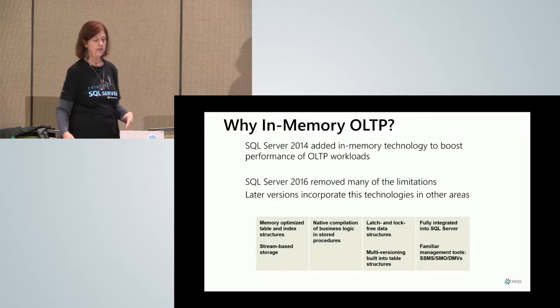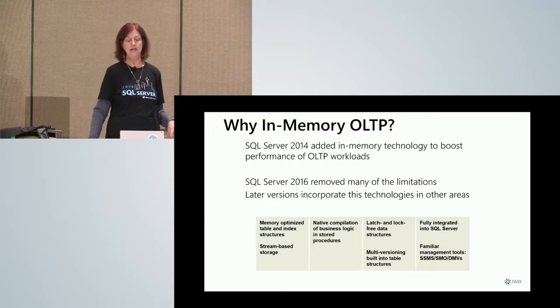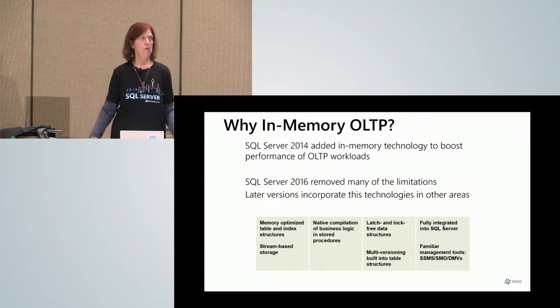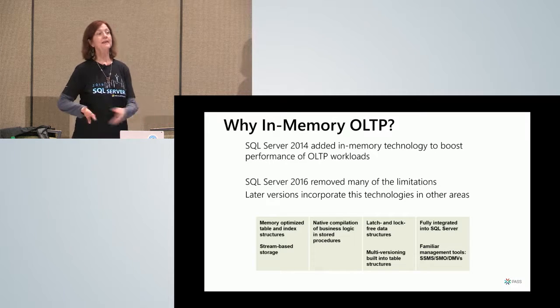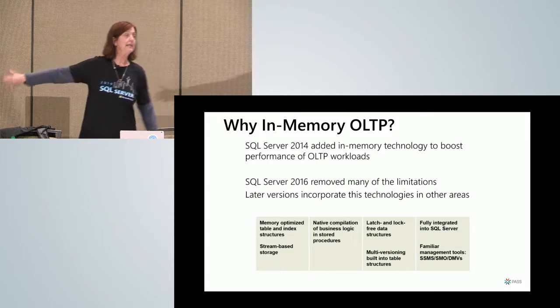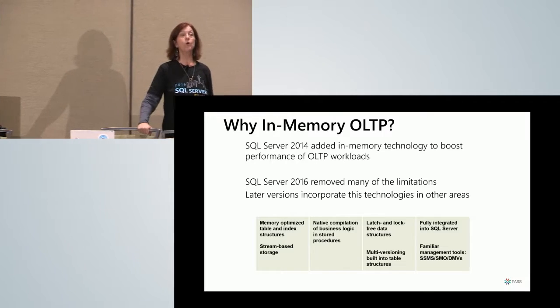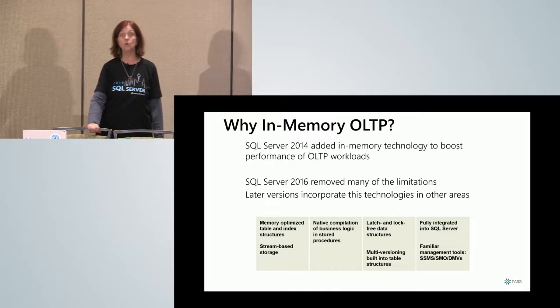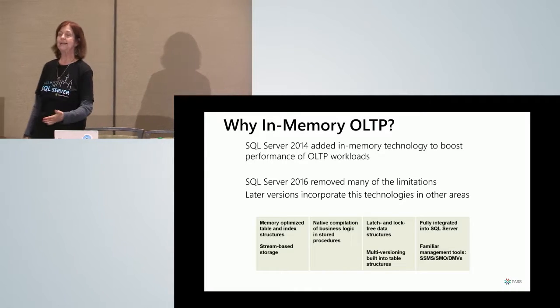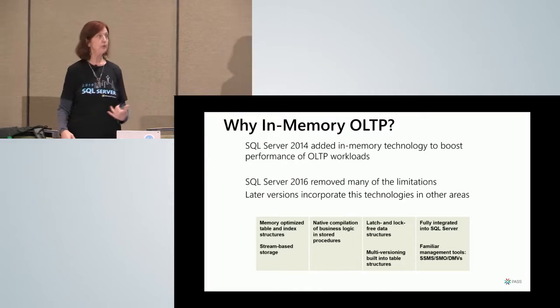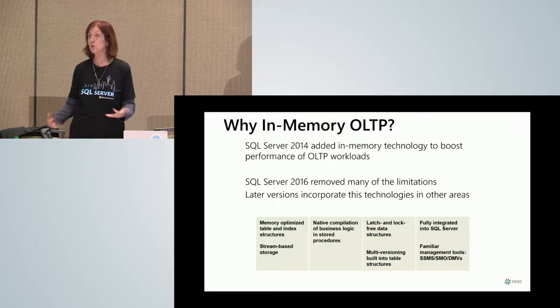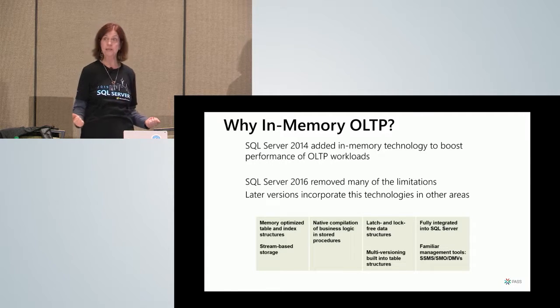The question I used to get more than any other when the technology was first introduced was, well, what happens if your SQL Server crashes? Well, the data is not only in memory, it's just always in memory. The SQL Server behind the scenes quietly streams your data out to disk for recovery purposes only. The data is never read from disk during query processing as your normal disk-based tables would be.